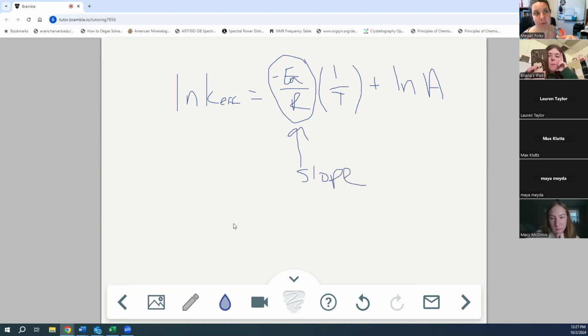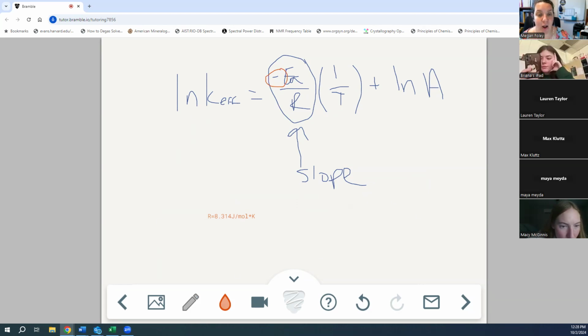We can set our slope equal to negative Ea over R, and solve for our activation energy. R is 8.314 joules over moles times Kelvin. So if we take our slope, multiply it by this, and we do need to take into account that our slope is negative, so we need to get rid of that negative. That will give us our activation energy.